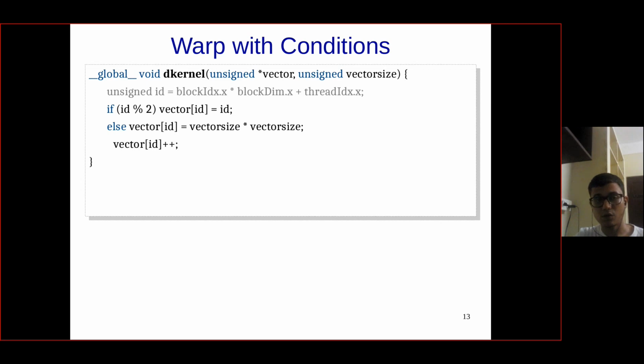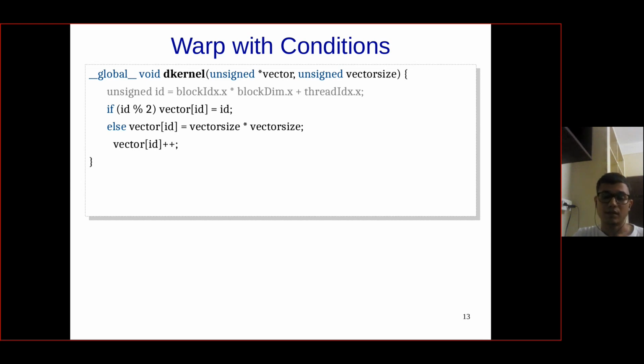They do no operation because they execute in lockstep manner and can't just move forward. For odd ID threads, this condition will be true and they will execute this statement. So even number threads will have to wait here and do no op, and the opposite will be true for the else condition. Even ID threads will execute this statement, and odd ID threads will have to do no op.